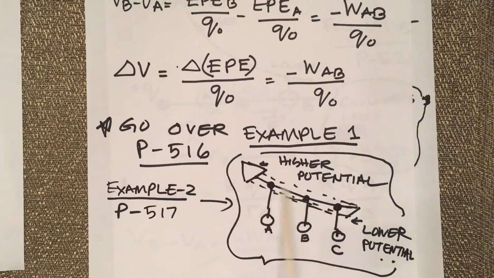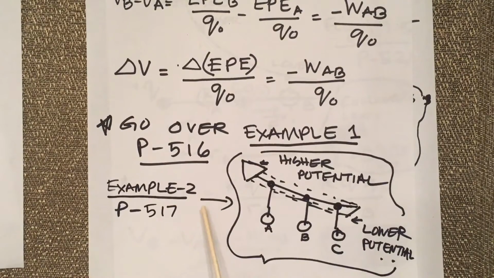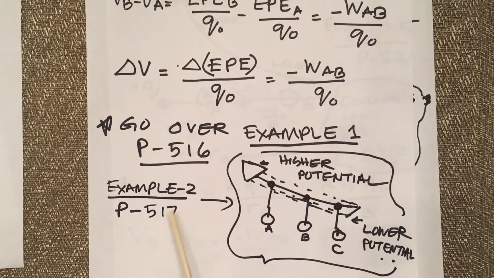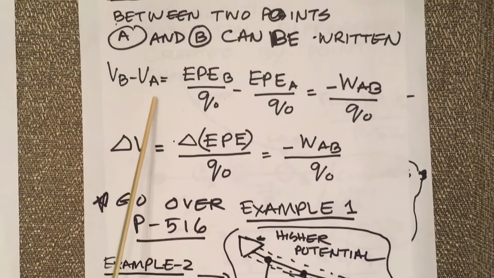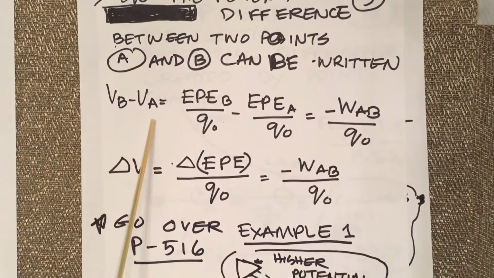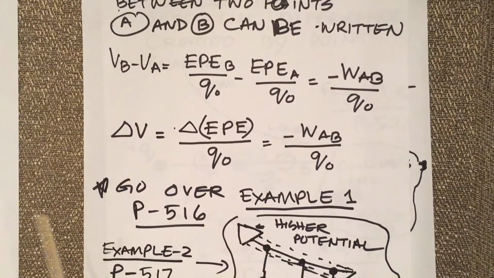But that number has to be in between A and C value-wise. So this is an important example, which is 2. So go over this, which will clarify the difference between potential at B and potential at A, or rather we have V_B, V_A, or V_A, V_B, which will be delta V.